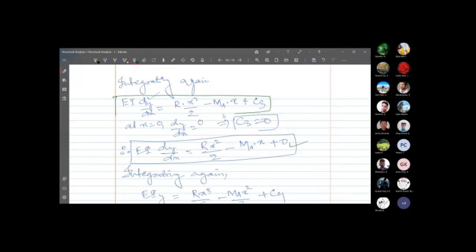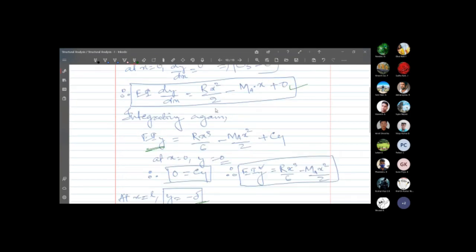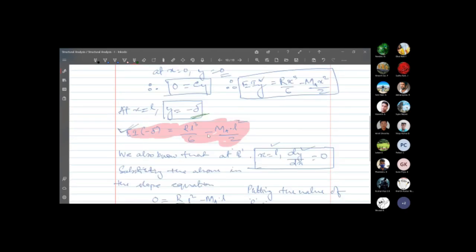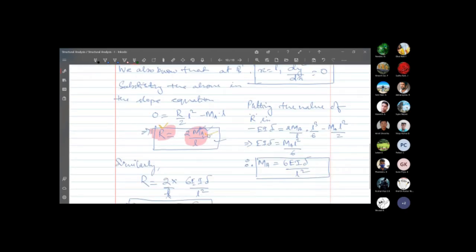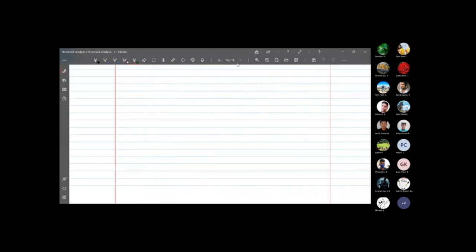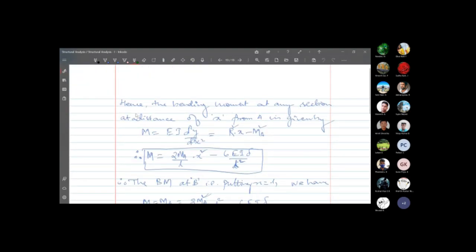No, down, sir, down. Down means next page.